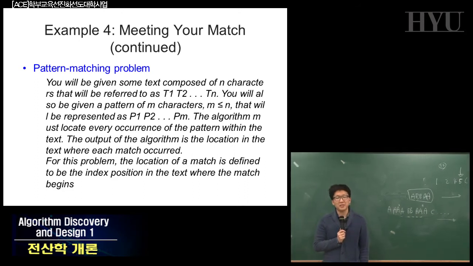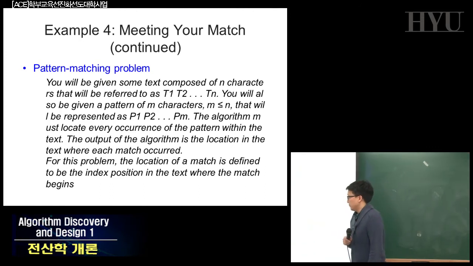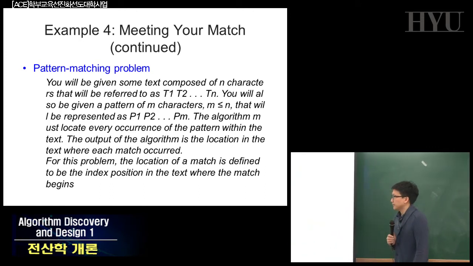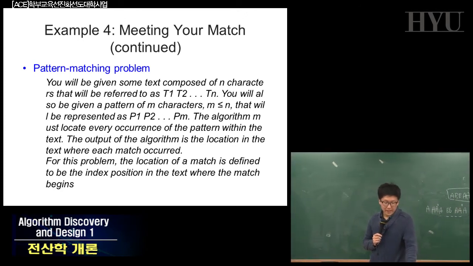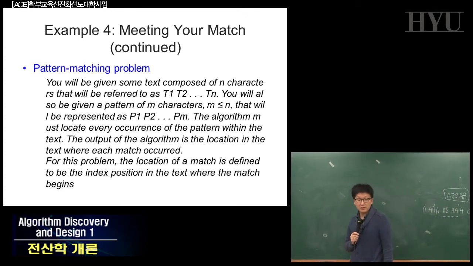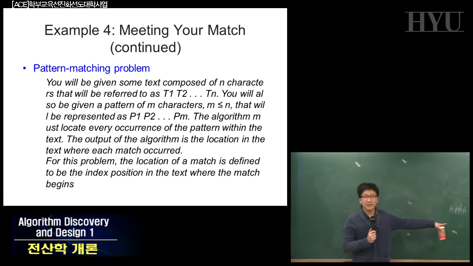I need to also report that, not just how many times it did occur. So for this problem, the location of a match is defined to be the index position in the text where the match begins.